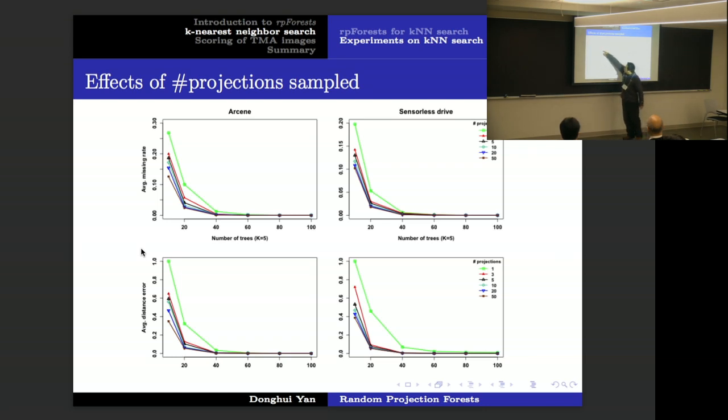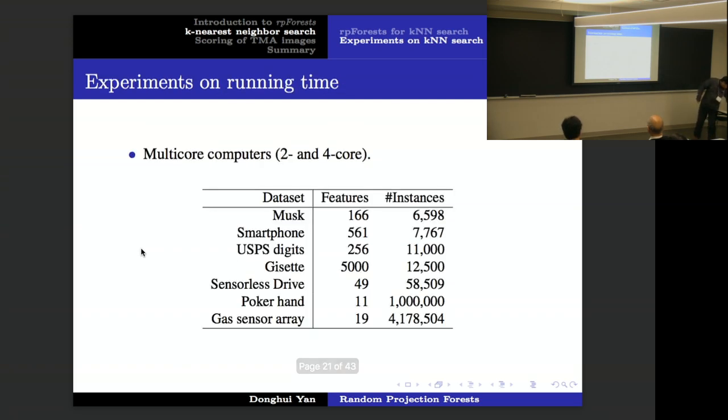As I said, we also did some experiments on the running time. Because the random projection trees is an ensemble of many different trees, those trees can grow independently. So we tried this on multi-core computers, with 2 cores and 4 cores, with the number of data points from a few thousand to a few million.